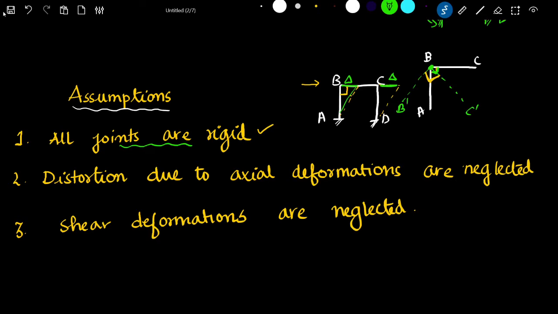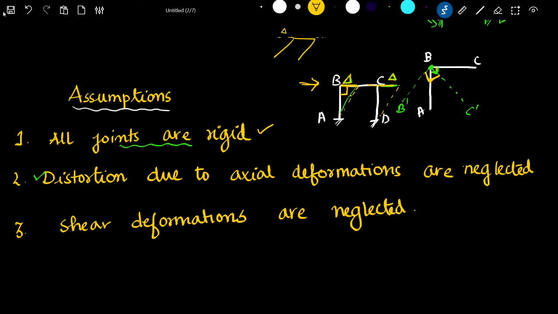The second assumption is that distortions due to axial deformations are neglected. For example, in this beam itself, say sway is occurring. If the beam sways, it sways as a whole. That is, the deflection here will be the same as that happening here also.